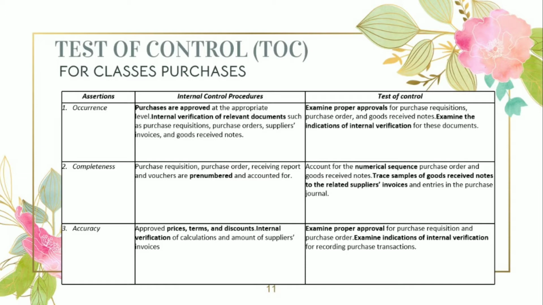For accuracy, the control is proof of price, terms, discount, and internal verification of the calculation of the amount of the supplier invoice. The test is to examine proper approval for the purchase requisition and purchase order, and examine indication of internal verification of the recording of the purchase transaction.